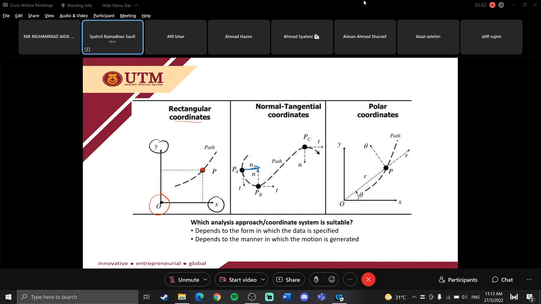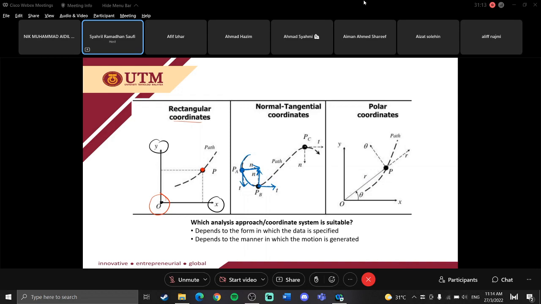So it's always inward. This is your curve. The normal is always inward to the curvature, and then you will have a tangent to the curvature. So you have two axes, normal and tangent, and these axes are located on the particle. Let's say at point B, this is your tangent and this is your normal. The normal is always inwards, and the tangent follows the motion direction.